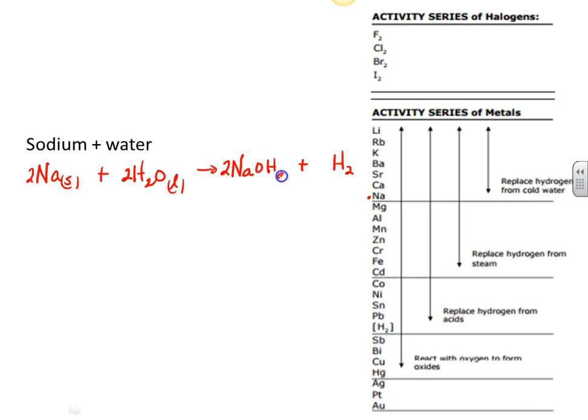Okay, and this is aqueous, and this is going to be a gas. Okay, so our last 3 have been metal with water. This is still an element plus a compound. So it still fits the pattern of single replacement.